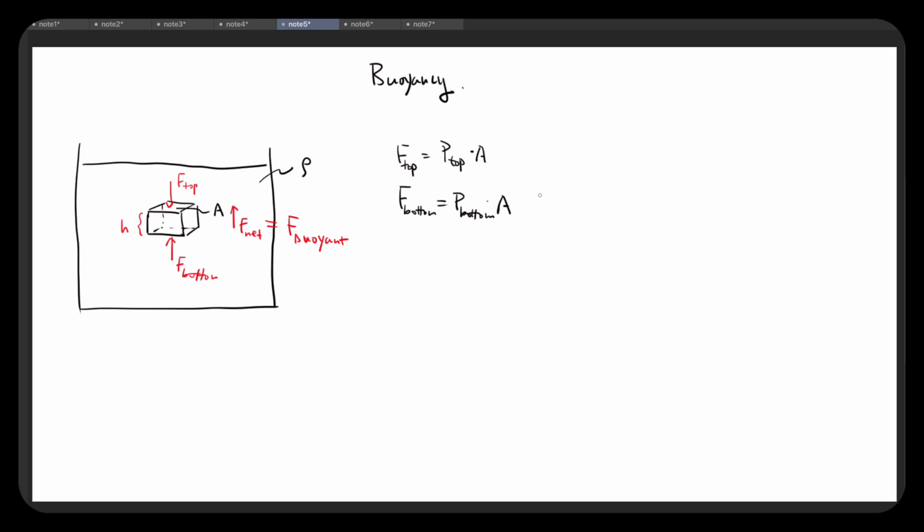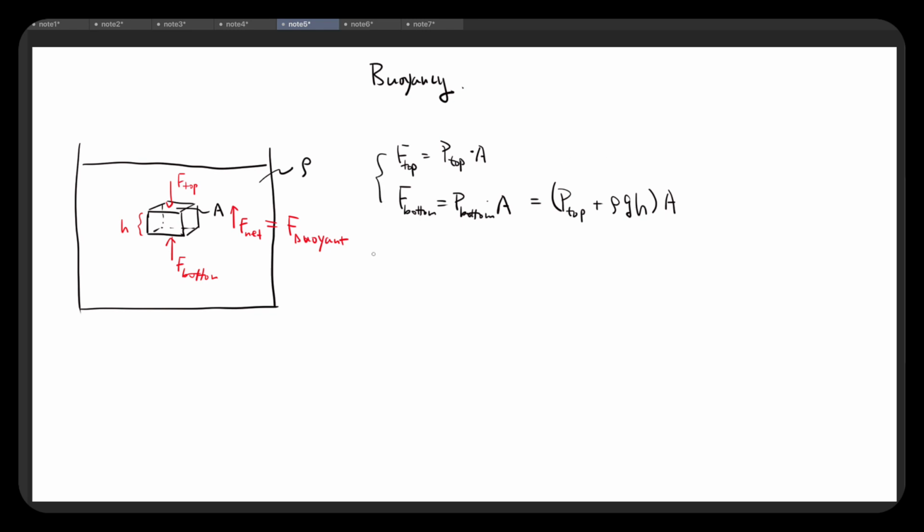The pressure at the bottom equals the top plus rho, the liquid density, times g times h. That's the height difference h. That's why the bottom has a bigger pressure than the top, and then we multiply by A.